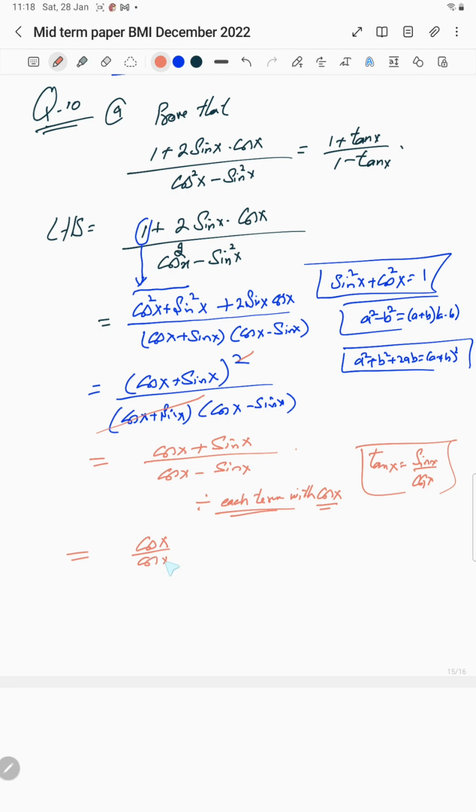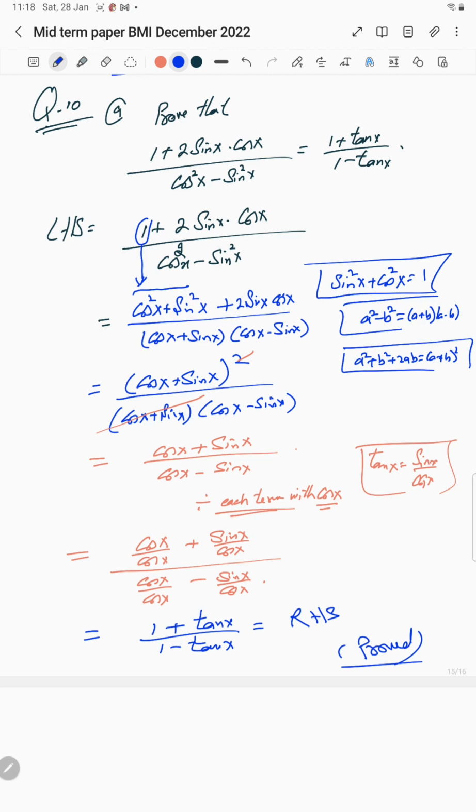Divided by cos of x, sin x over cos of x, cos x over cos of x, cos x over cos x. Here it goes. So it will be 1 plus tan of x over 1 minus tan of x. That is the right hand side, hence proved.